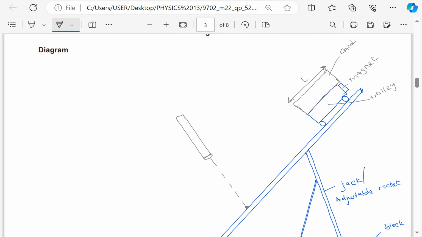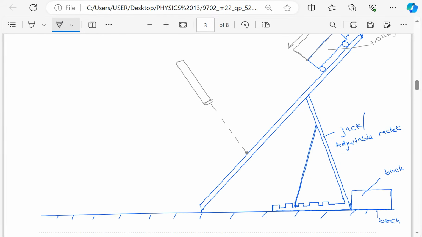So let that be the source of light. It must be connected to a timer. So I'll add a timer. So let me first draw the stand here. I'll put my stand far away because I will need a space for the block.